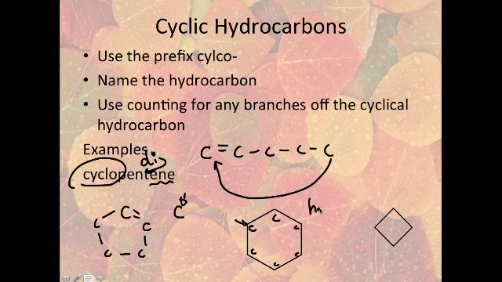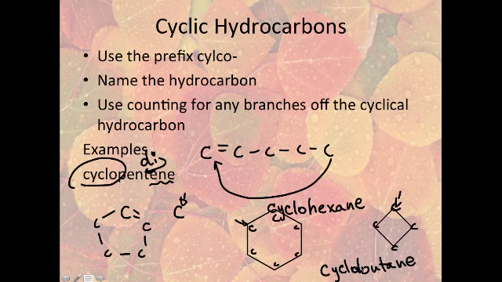Well, this is hexane, only this is hexane in a circle, so we call it cyclohexane. And then this guy has got 4 corners. Each carbon is at one of these corners. So a 4-carbon compound is called butane, only this guy is put in a circle, so we call this one cyclobutane. That's it. Cyclic hydrocarbons are pretty simple to work with.